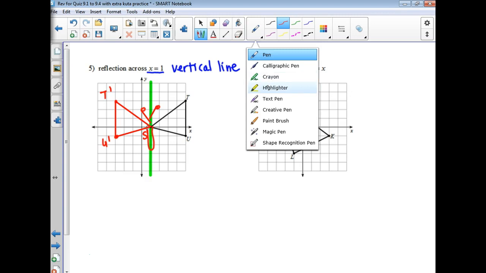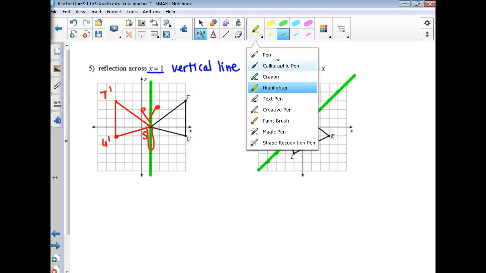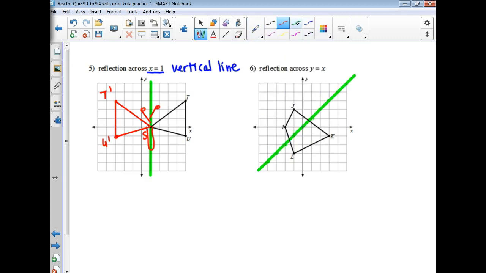You may remember that the line y equals x is a line that goes through 0, 0, 1, 1, 2, 2, 3, 3. It cuts the first and third quadrants in half. So I'm just drawing that line in. Now, there's two ways you can do it.